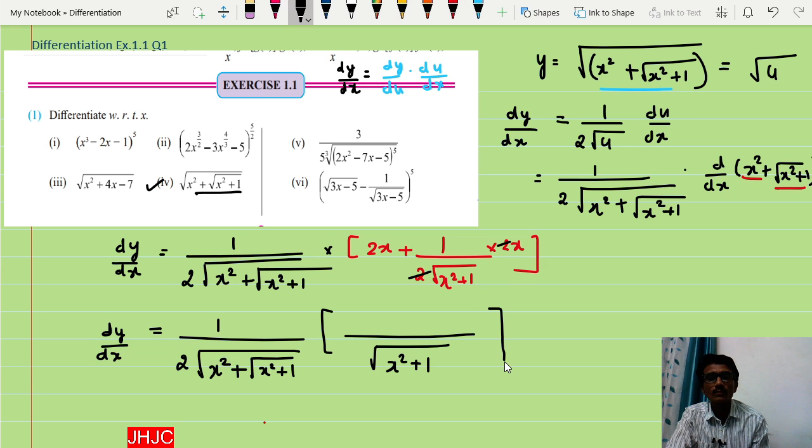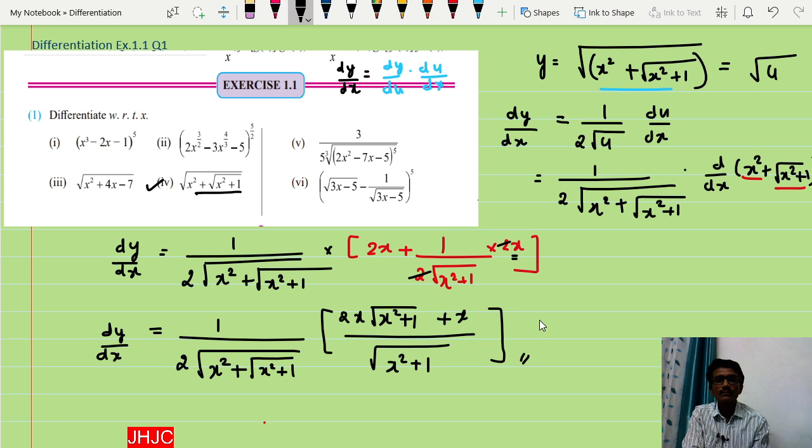So it will be 2x root of x square plus 1 plus x. So this will be the answer.